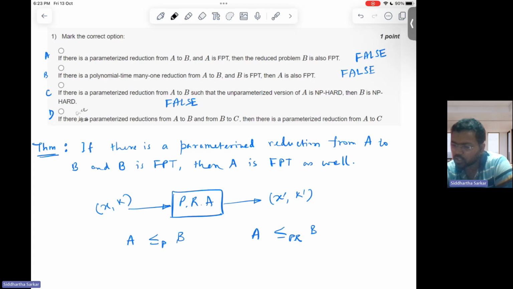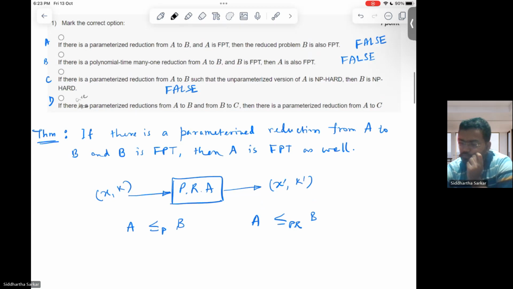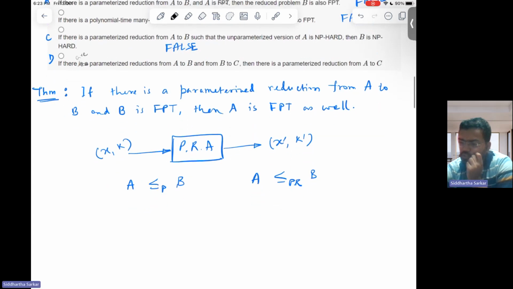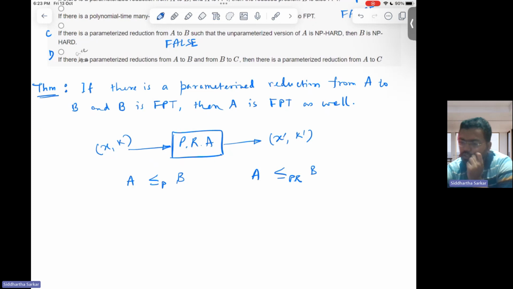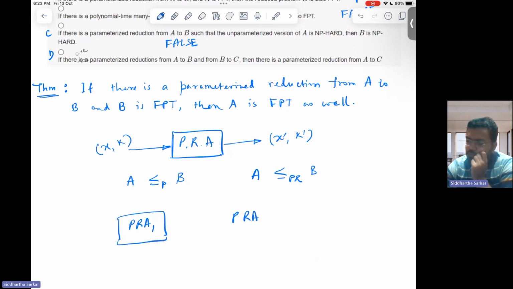So if there are parameterized reductions from A to B and B to C, then there is a parameterized reduction from A to C. So let us say there are two reduction algorithms: parameterized reduction algorithm 1 and parameterized reduction algorithm 2.